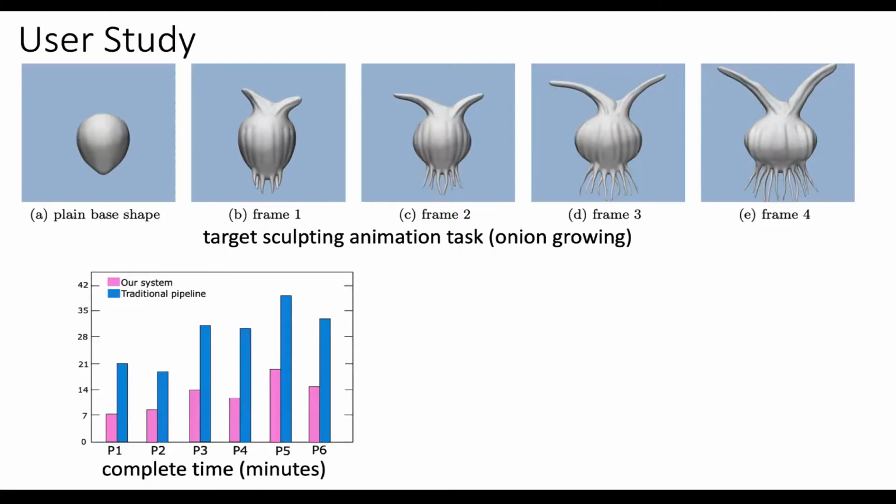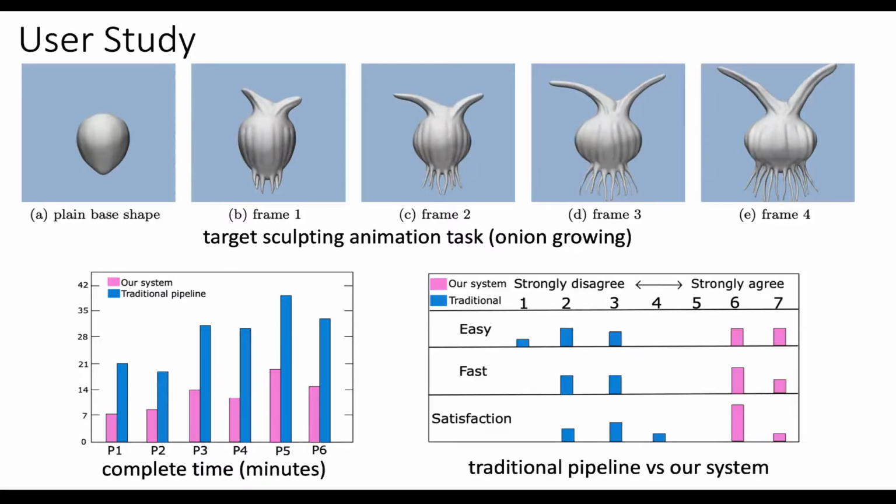On average, the target session took 28 minutes for the traditional pipeline and 12 minutes for our unified system, indicating that our autocomplete system can help users reduce time and efforts. Users found our system easier and faster with the autocomplete suggestions, and they felt more satisfied with our system compared to the traditional pipeline for this typical example.